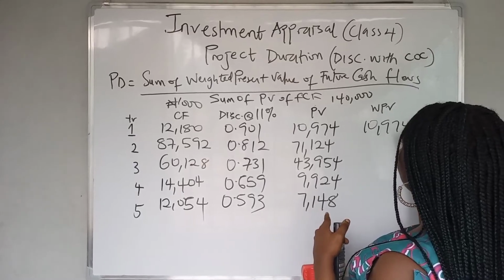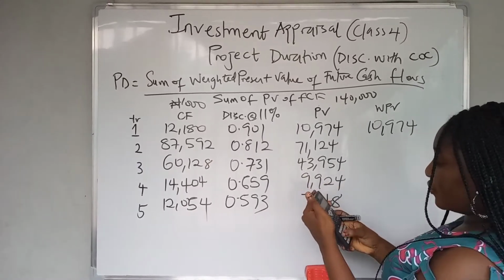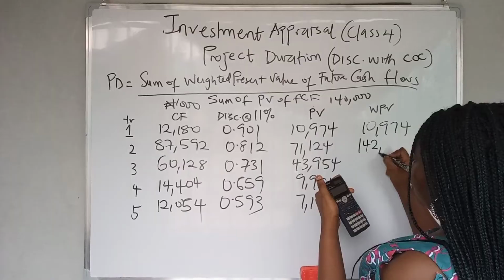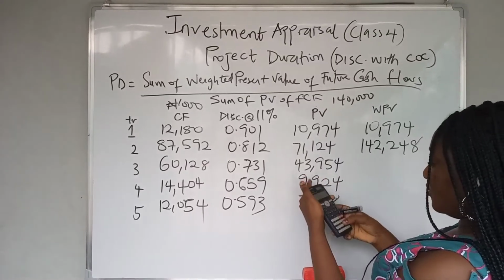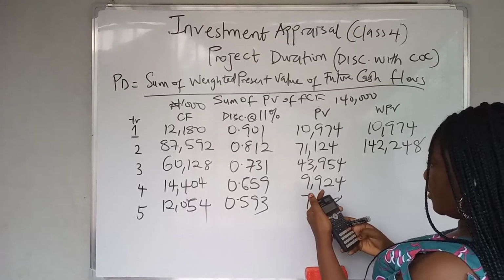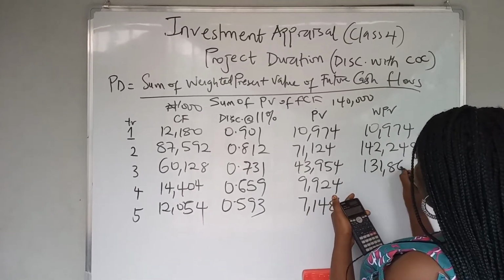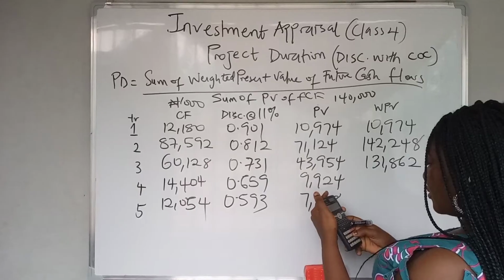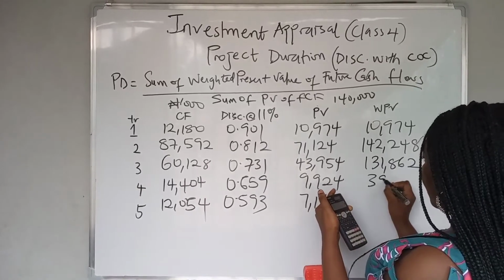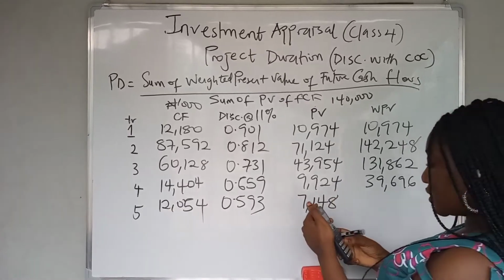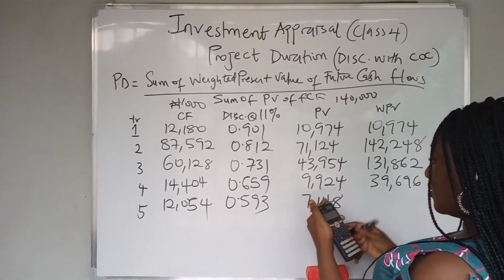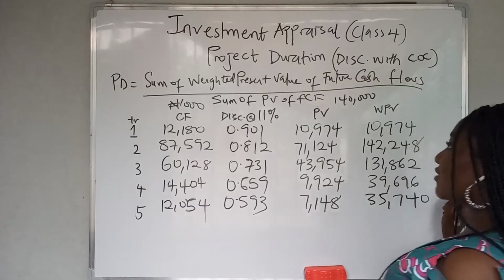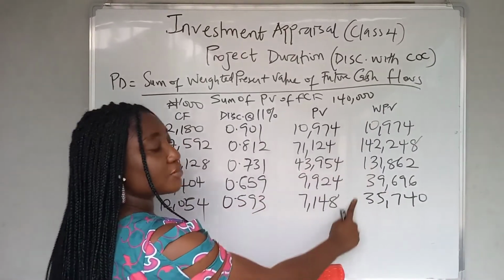So you have 10,974, 71,124 times 2, that will give you 142,248, 43,954 times 3, that's 131,862, 9,924 times 4, that will give you 39,696, 7,148 times 5, that will give you 35,740, right? Yes, 35,740.